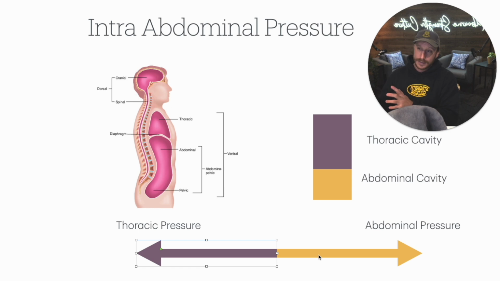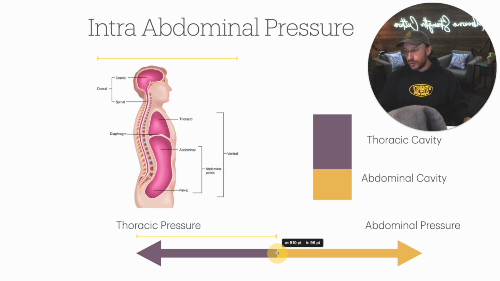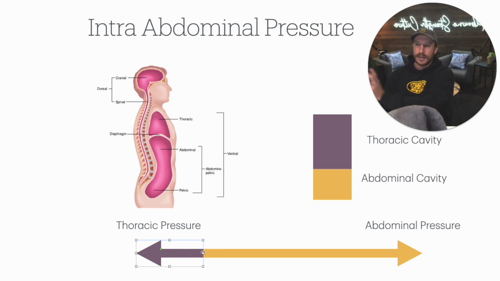At one end, we have thoracic pressure, and at the other end, we have abdominal pressure. So if I'm trying to create thoracic pressure and drive this system to one end of the continuum, it means that I inevitably have to drop abdominal pressure in order to maximize shifting down to that end of the continuum.